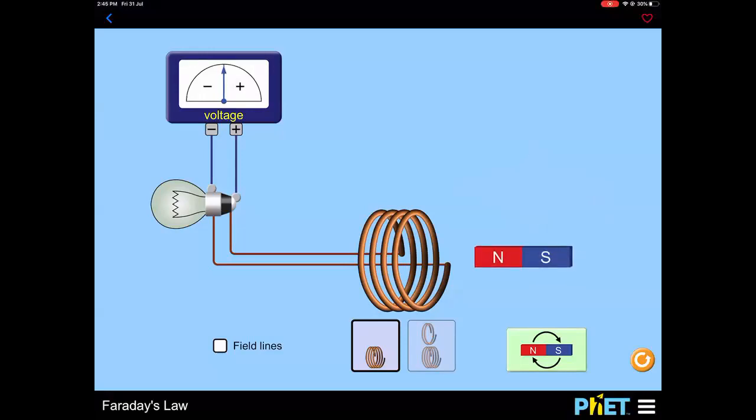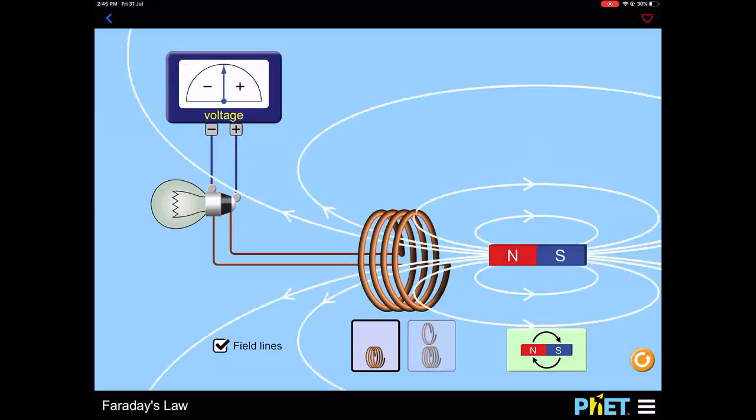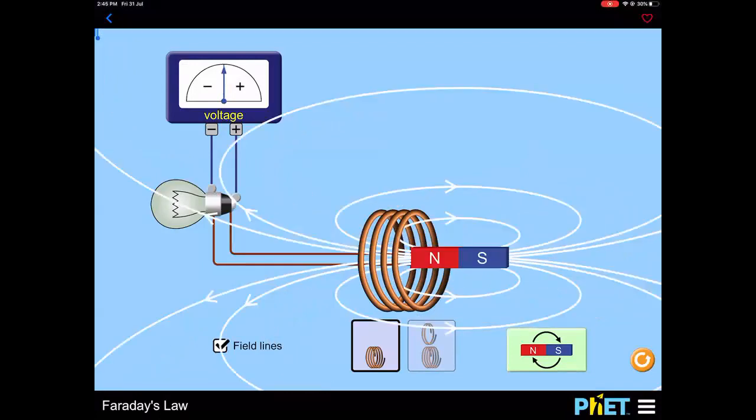So we are trying to say that when this magnet goes in or when the magnet comes out, there is a current in the circuit. So these are the magnetic field lines because of a magnet. So as the magnet comes closer, the flux associated with the coil increases. Okay.